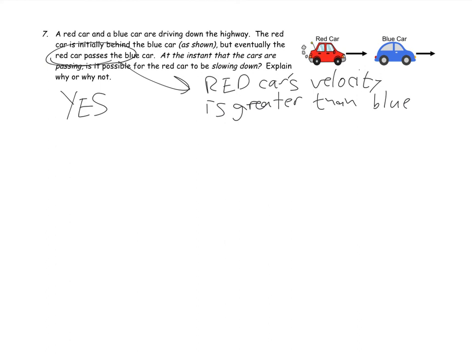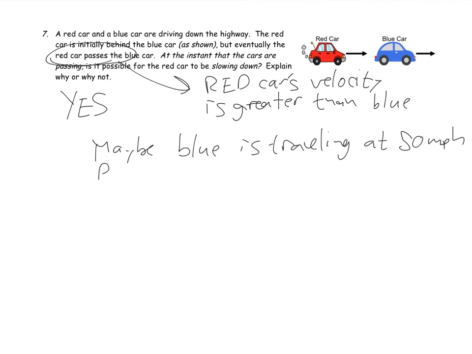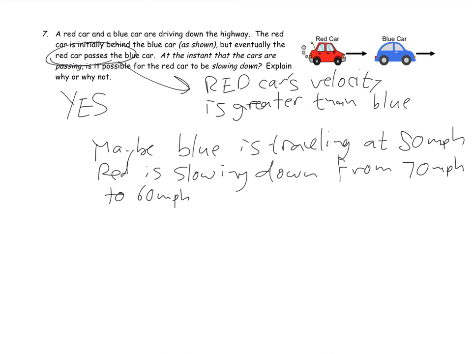So if we want an example, maybe the blue car is traveling at 50 miles an hour and the red is slowing down from 70 to 60. Well, the red car would still be able to pass the blue car because the entire time it's still traveling faster.